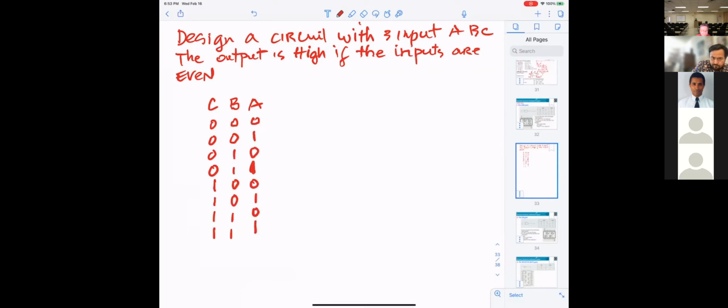That's the truth table. And this will be the Y output.